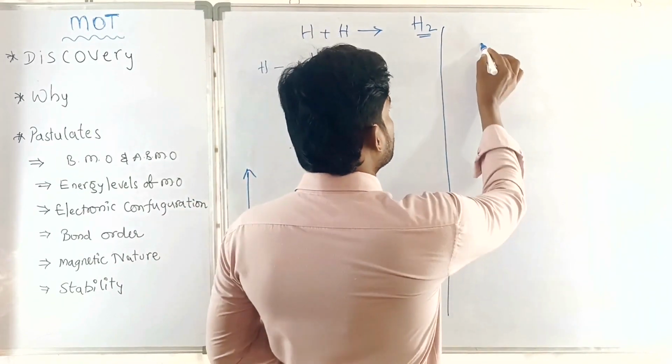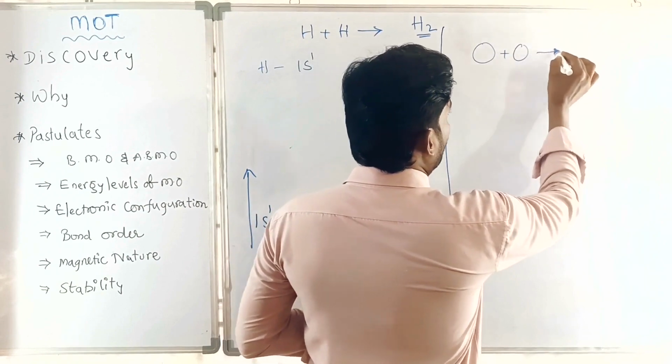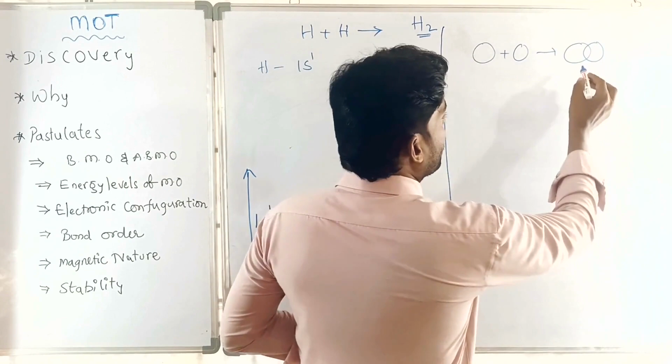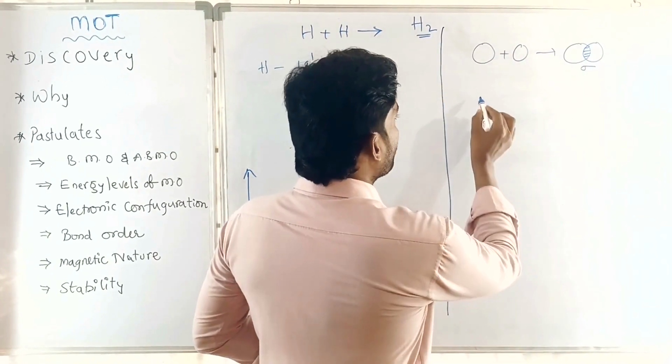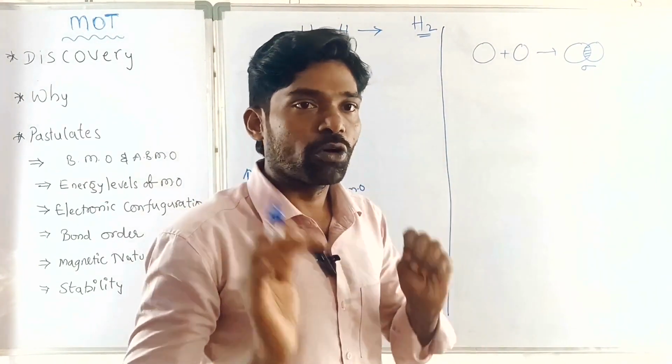For example, an s orbital is spherical. Another s orbital is also spherical. Both can overlap head-to-head, and this bond is called a sigma bond. An s orbital always gives a sigma bond only.